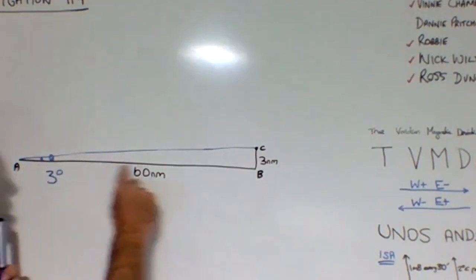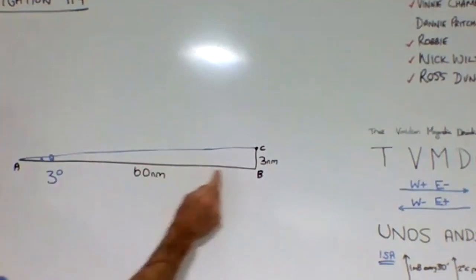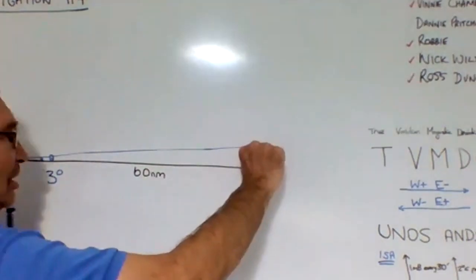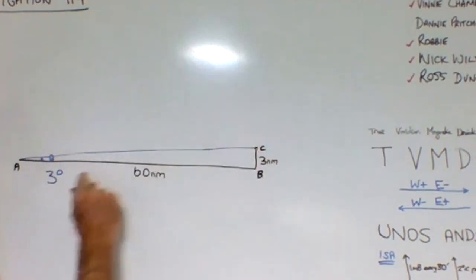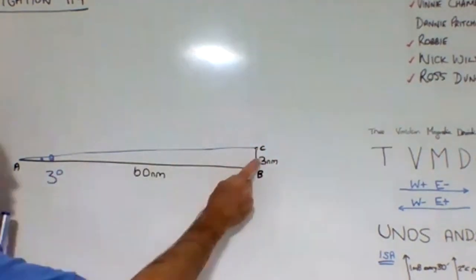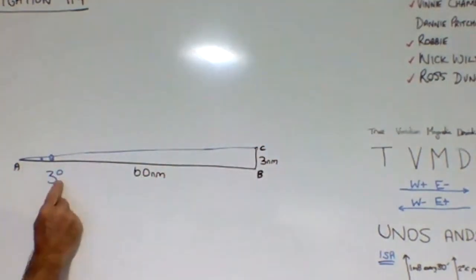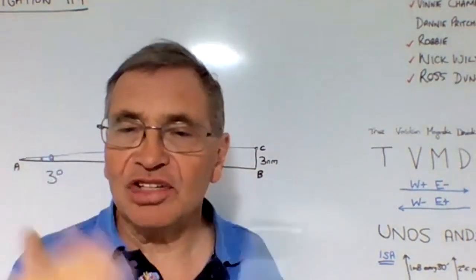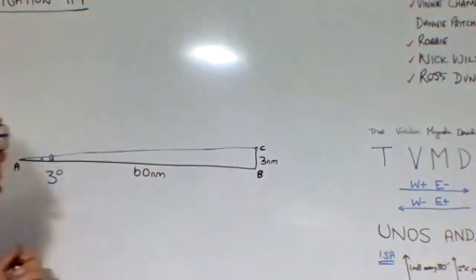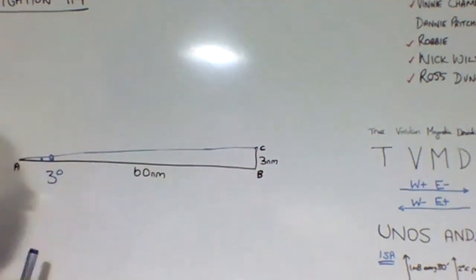So in other words, if I take a 60 nautical mile leg and I measure 3 nautical miles here, whatever that is in nautical miles, that's going to be what that is in degrees. Which, you can imagine, is quite a useful thing to have, isn't it? What a very useful thing to know.